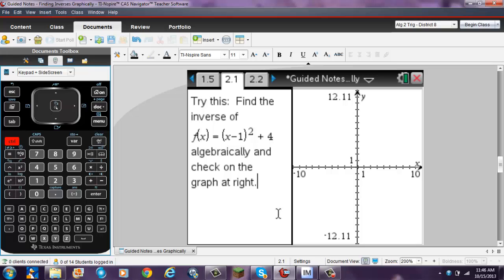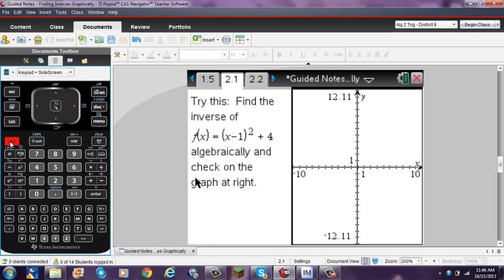We have f of x equals x minus 1 all squared plus 4. We found that inverse algebraically. We're going to graph it now. Hopefully, because we have something squared, you're not too surprised to see a parabola.